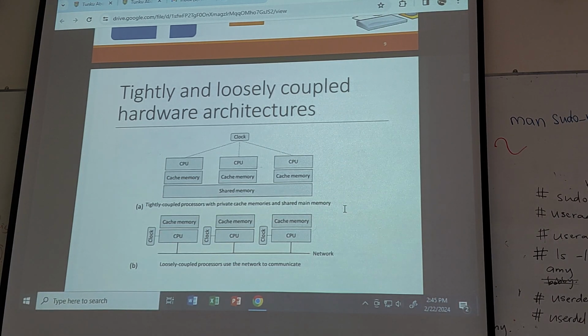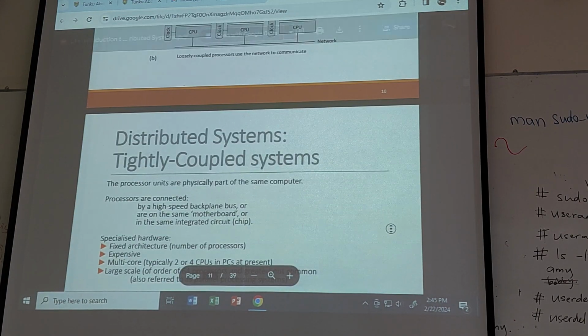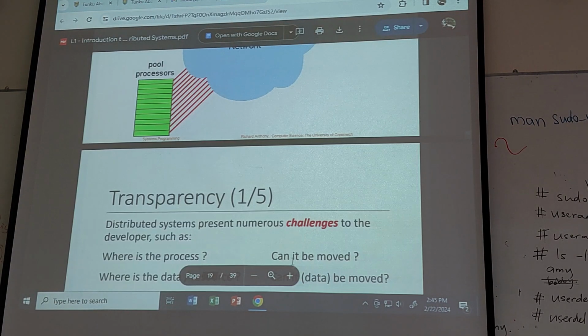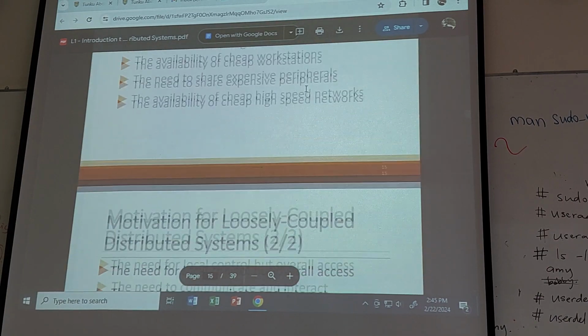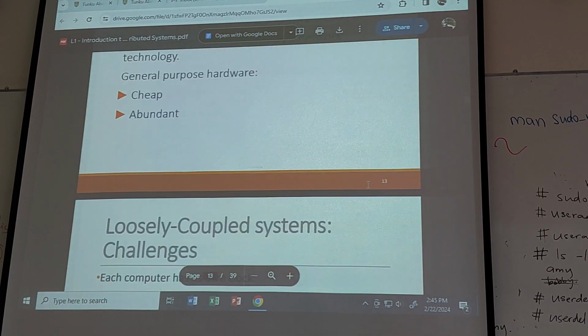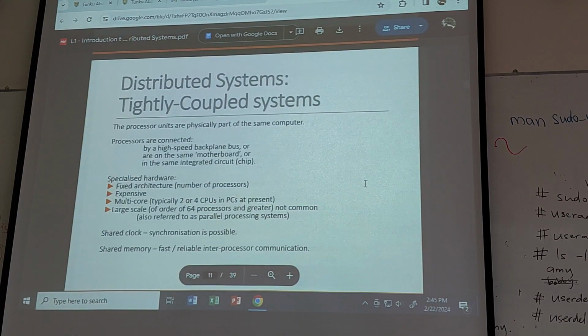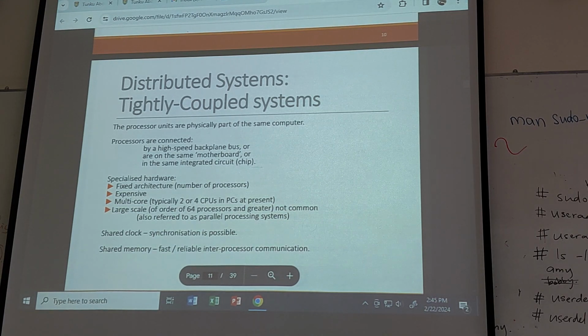Okay, the top one is the tightly coupled processor. And this is, let's go to the slide because I can't remember where I used the slide. Okay, tightly coupled.